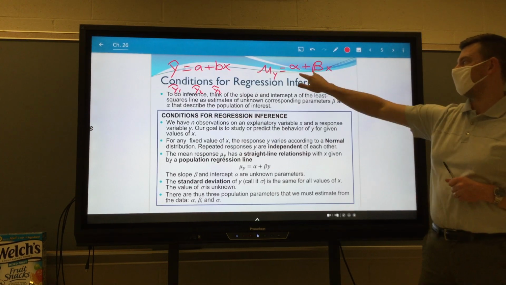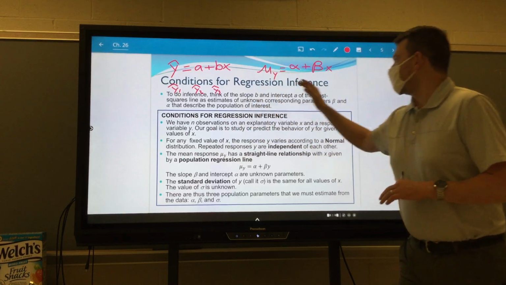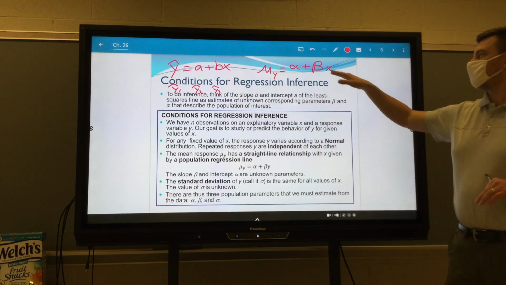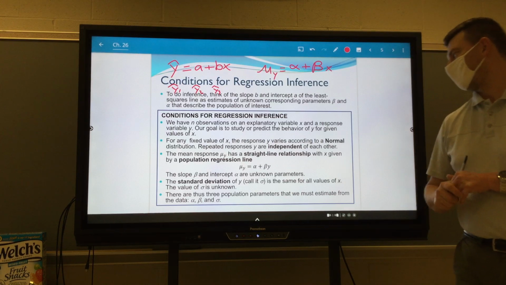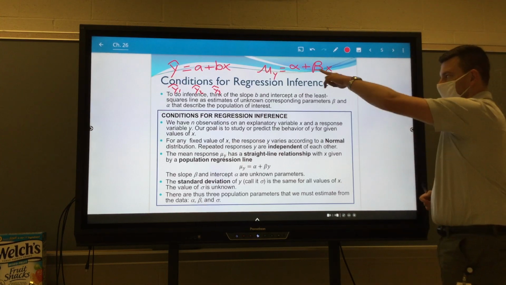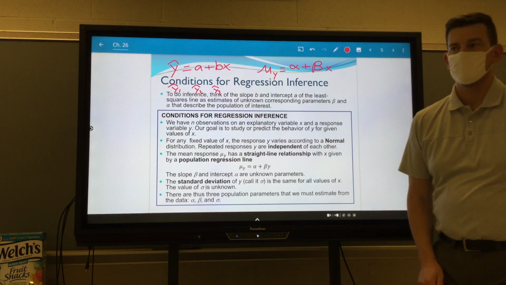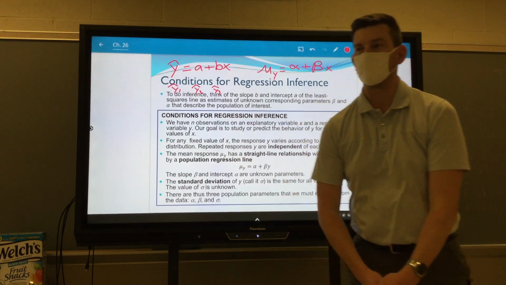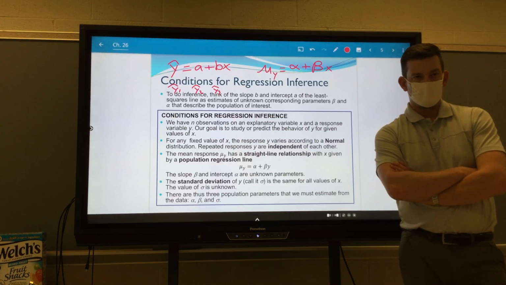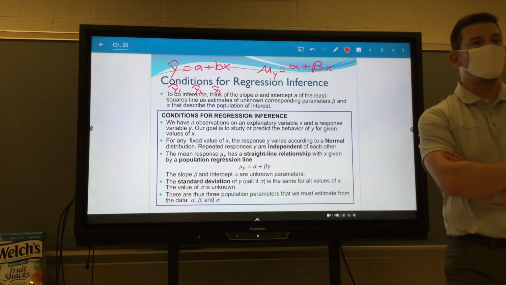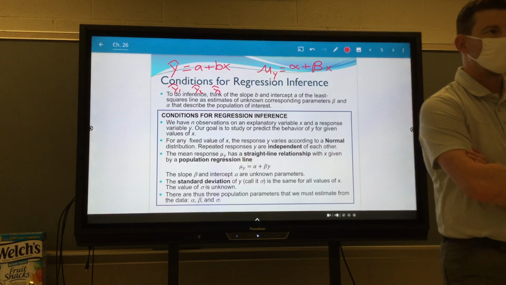And that can be used to help contribute to the population alpha and beta values. Alpha and beta are unknown parameters. We've seen unknown parameters before. We didn't know population standard deviation, sigma. We didn't know the population mean, mu.